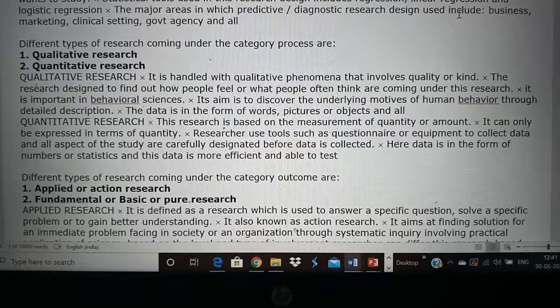For example, most sociologists do qualitative research. You get information from people through interviews and focus group discussions. All that is qualitative data. Here the data is not in the form of numbers.